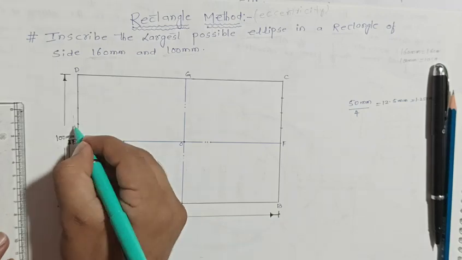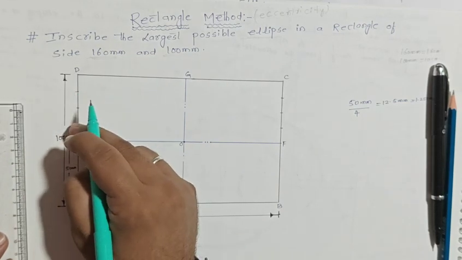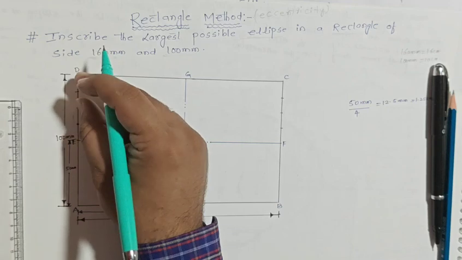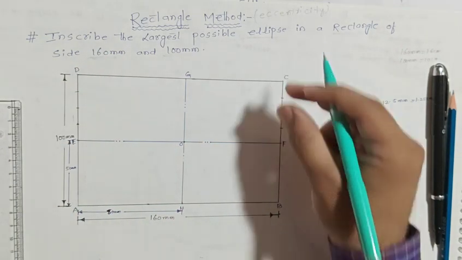Clear? So we are getting the 4 points. Let us see. 1, 2, 3 and 4.